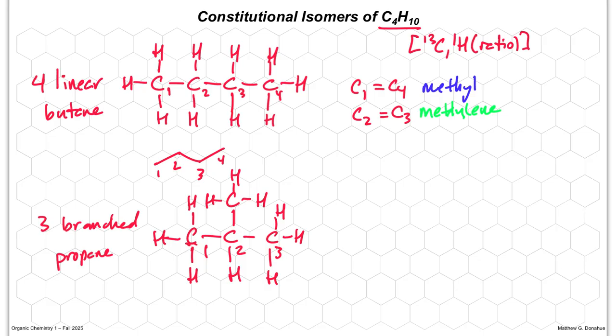So let me write this down. This was 2 to 2. I guess we didn't put these numbers in yet, but 6 and 4. That's for butane.